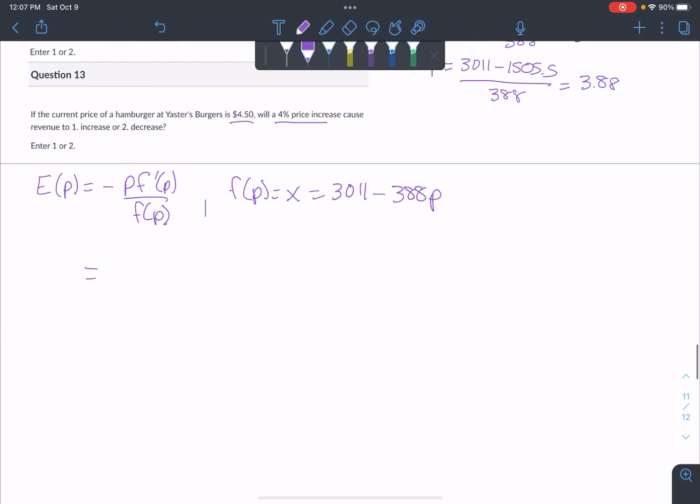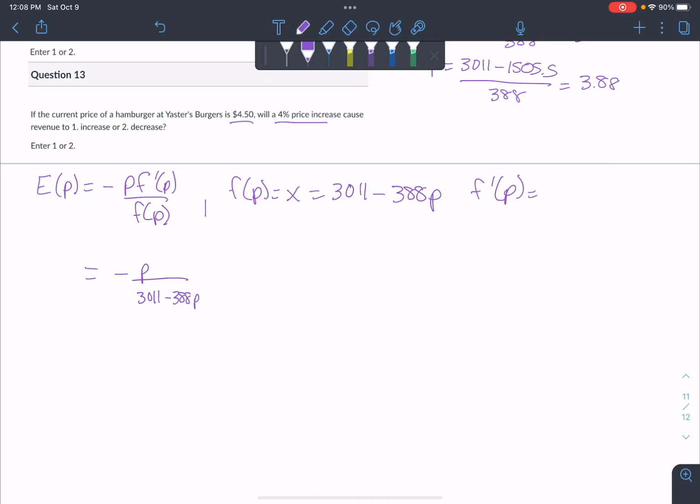All right, so we will need negative p, we'll need f prime, so we'll do that in a second. And then we put this over f of p, which we just found to be 3011 minus 388p. Let's find the derivative of f with respect to p.